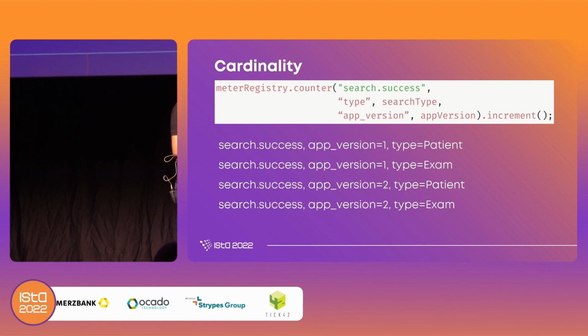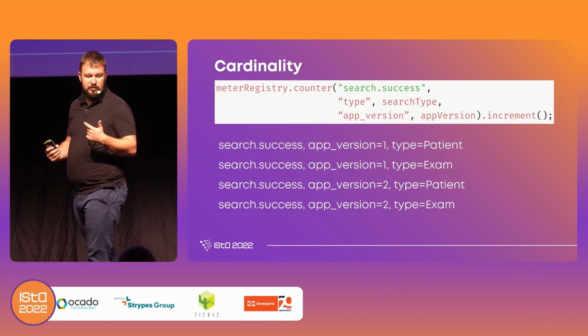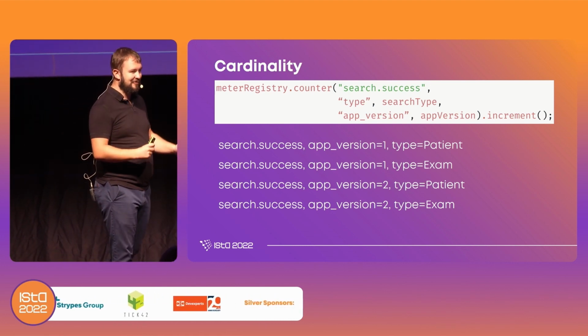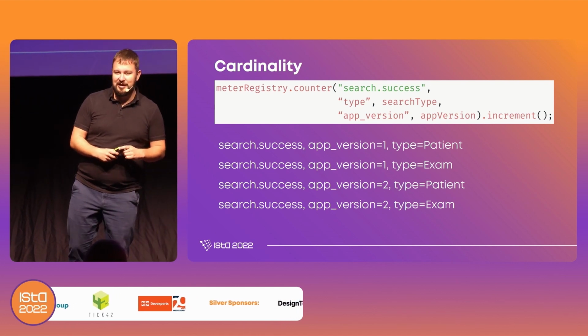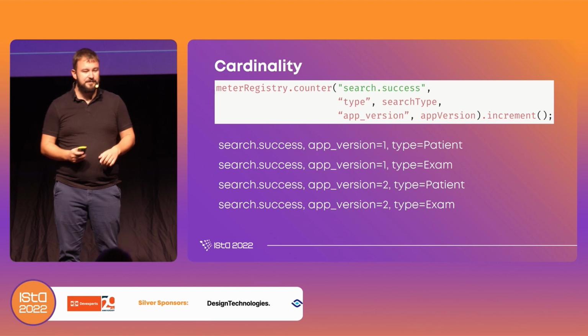But the problem is that every combination between labels creates a different time series. And over here, if we say that we have 2 versions for the application and 2 types of search, 2 by 2 makes 4 different time series that our time series database is storing.